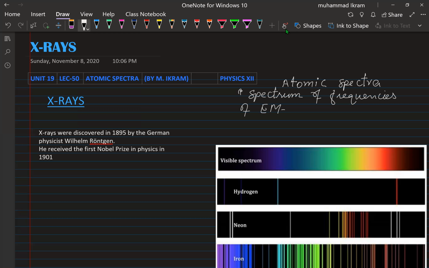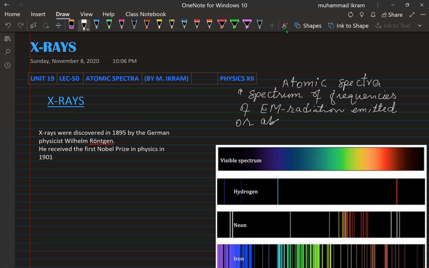You already know what I use EM for. The EM radiation emitted or absorbed. Emission is not all that necessary.